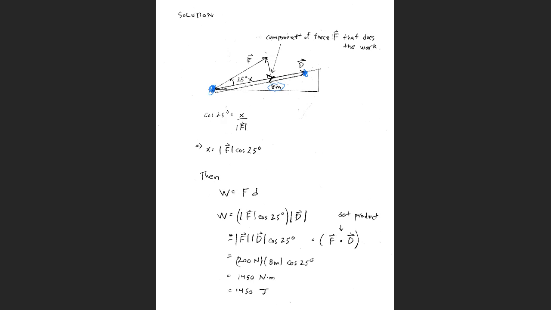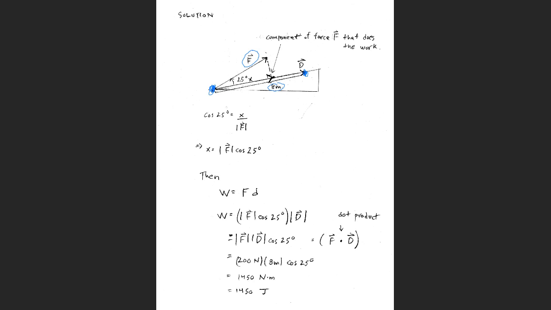So you have this force that's being applied, that's right, Christopher. Maybe they're using a rope to haul the crate up the ramp, but the rope is being held at a 25 degree angle to the ramp. But the part of the force that's doing the work is the component of the force that's parallel to the ramp.